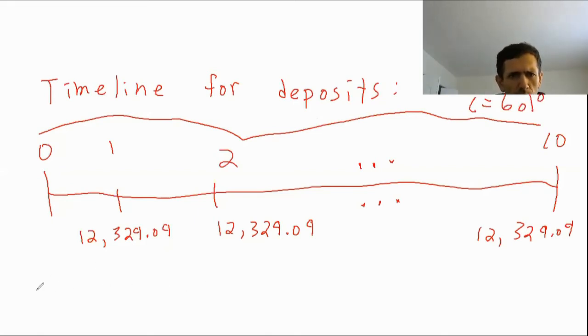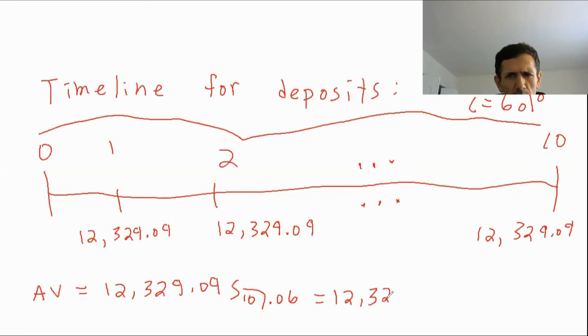All right, so all we do is plug and chug into our formula for accumulated value, 12,329.09 times s angle 10 at 0.06.